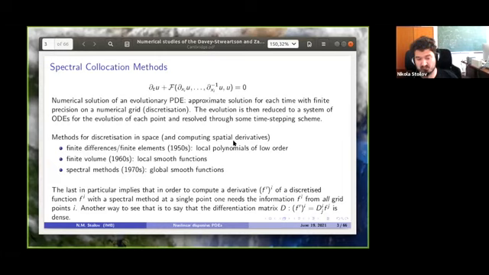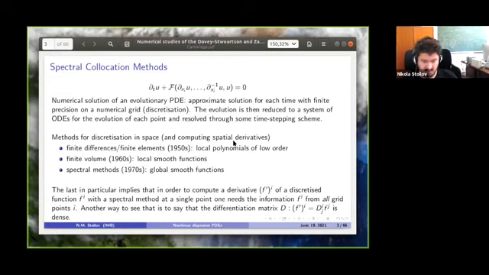Finite volume methods are more or less the same, but they use local expansions in functions that are smooth. Spectral methods were the latest to arrive. They use approximations in globally defined smooth functions. The most famous one of them is the fast Fourier transformation.